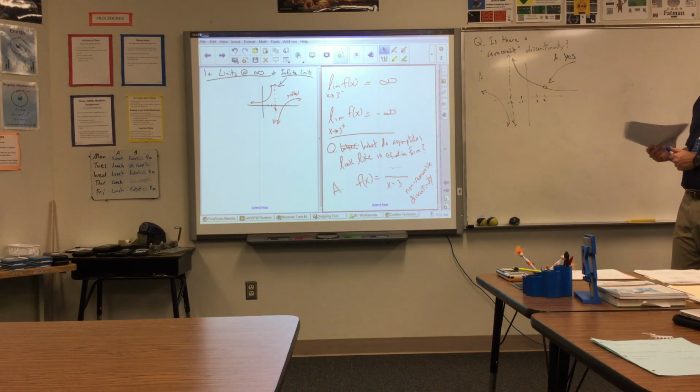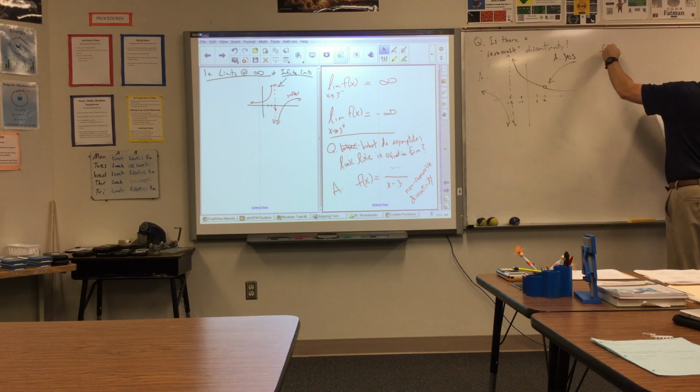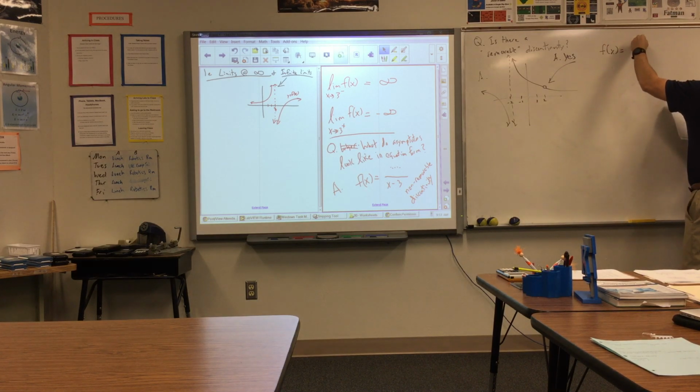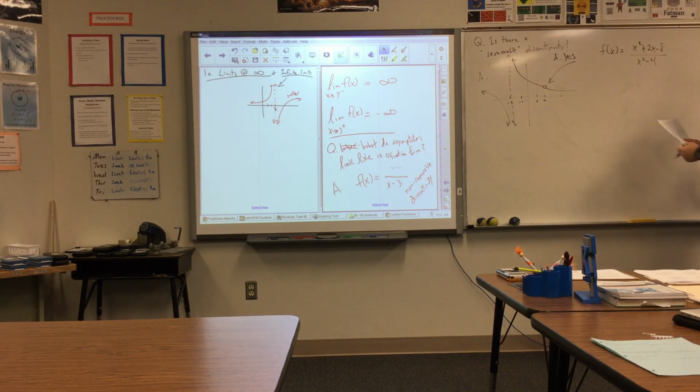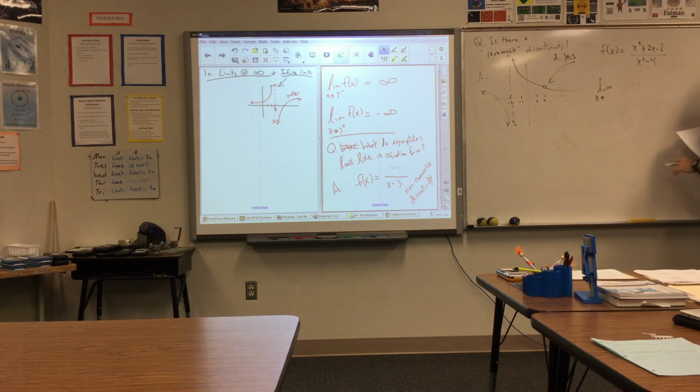So you might say, what does this look like as a function? Well, let me tell you. It looks like this. f of x equals x squared plus 2x minus 8 divided by x squared minus 4. So let's see.